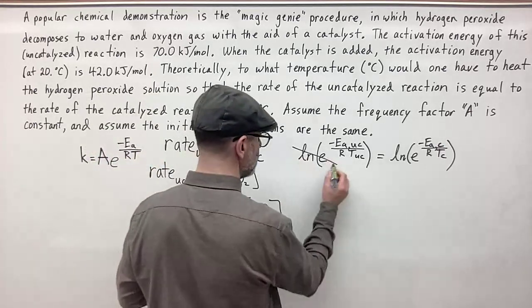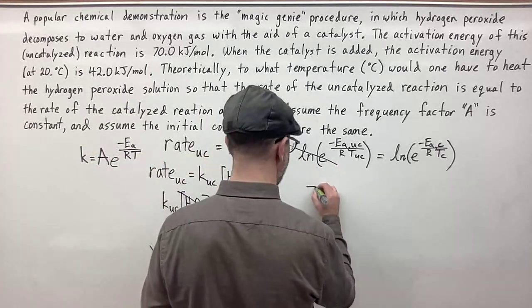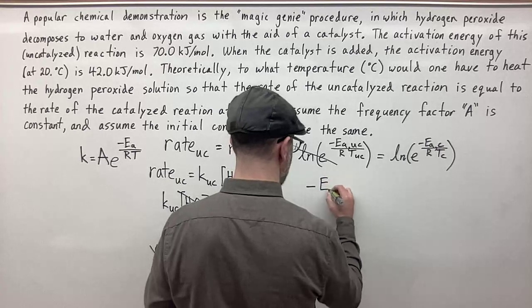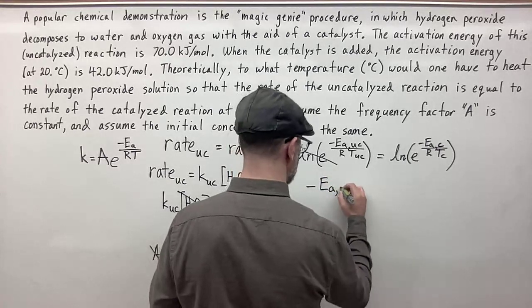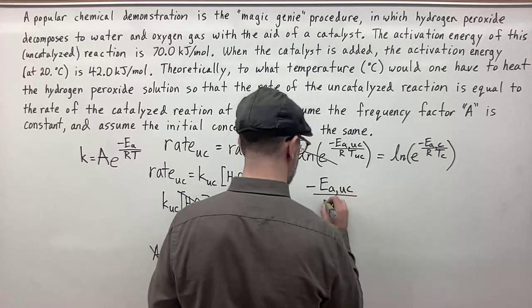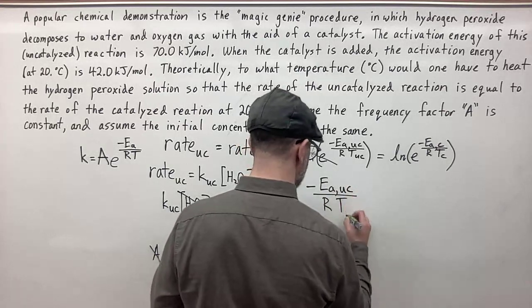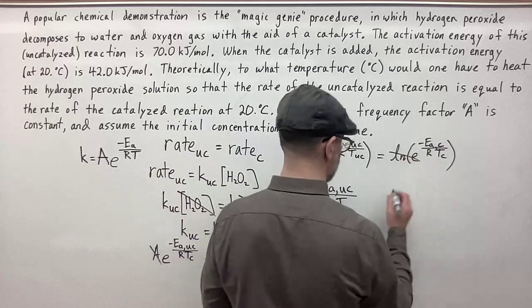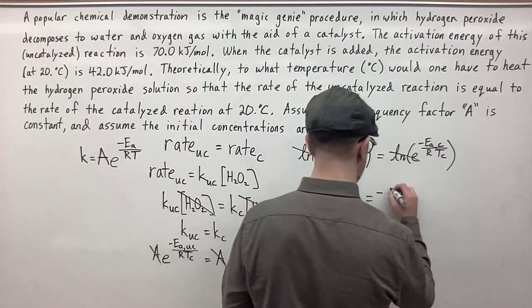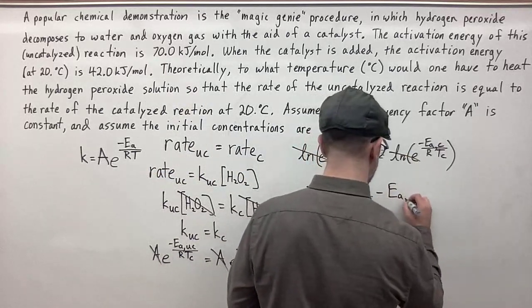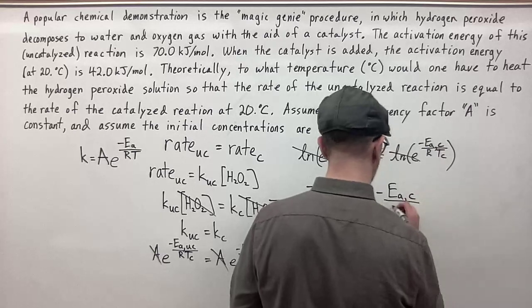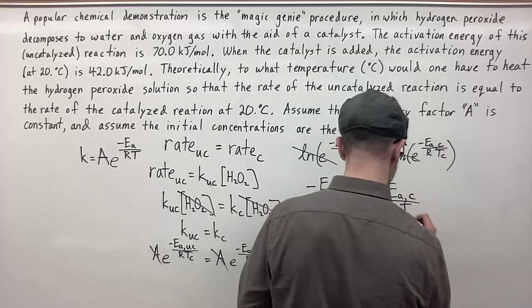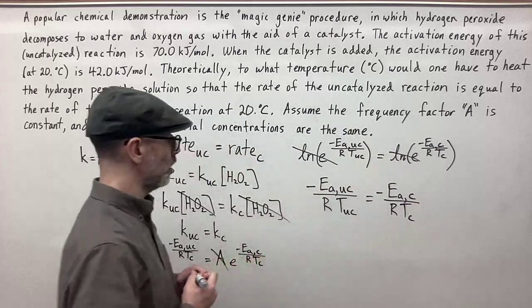So this cancels out, and we're left with negative activation energy uncatalyzed divided by our T uncatalyzed. And then this cancels out, and we're left with negative Ea catalyzed over RT catalyzed.